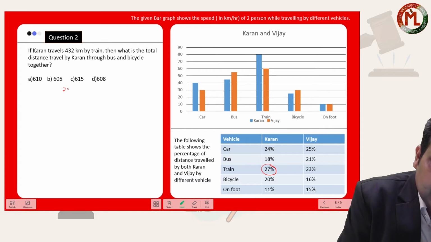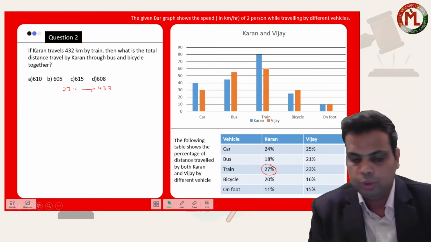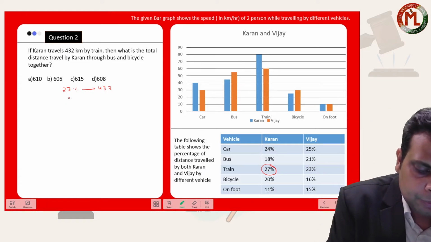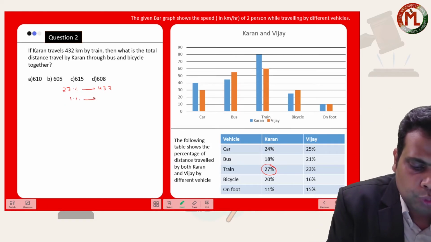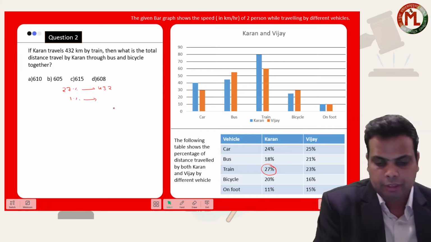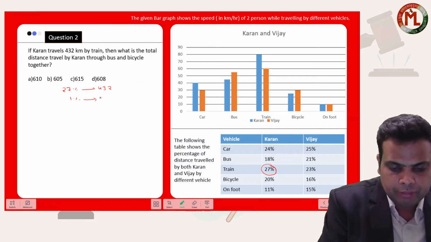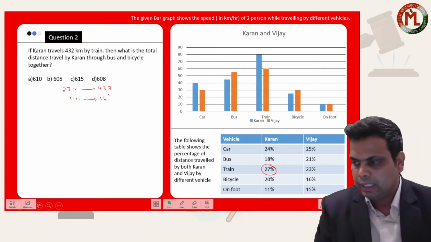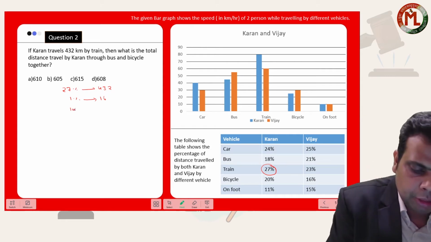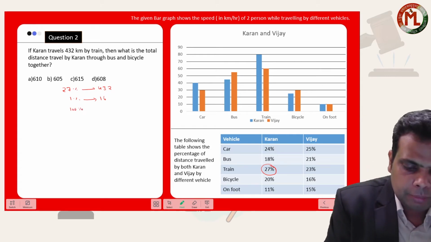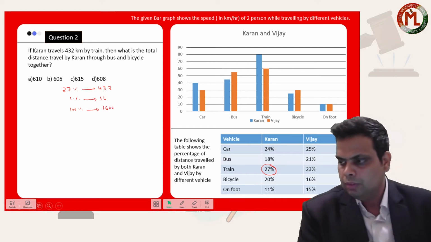Now 27% is equal to 432 kilometer. Then 1% is equal to 432 by 27, which is 16. So 100%, the distance covered by Karan, is 1600. Is it clear? This is fine.